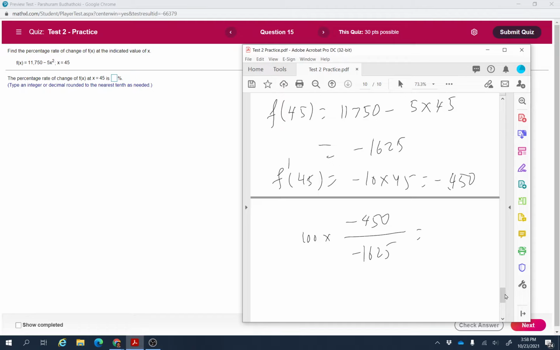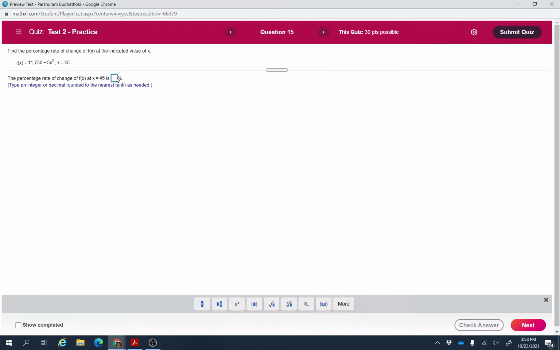That will give you the percentage, and it will be 27.6923, but type an integer or decimal rounded to the nearest tenth, so your answer should be 27.7 percent. So the answer would be 27.7.